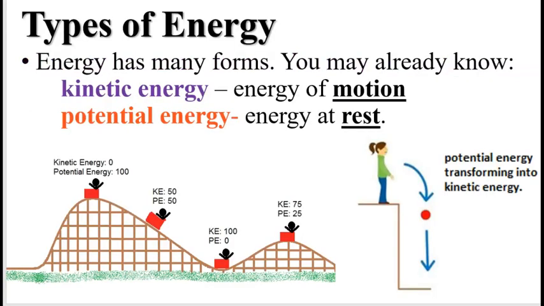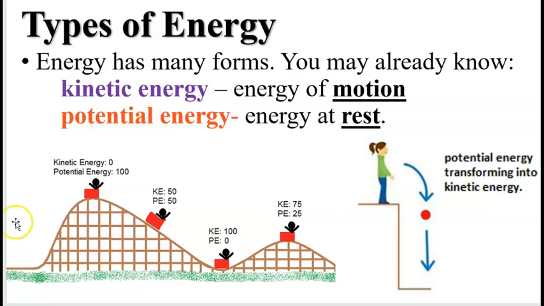You probably have talked about this in earlier science classes, but energy can have many forms. These you've probably heard of: kinetic energy, which is the energy of motion, and potential energy, which is energy at rest.